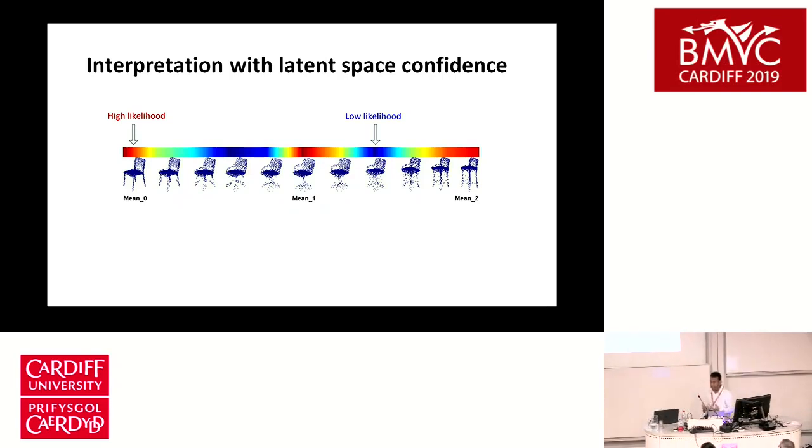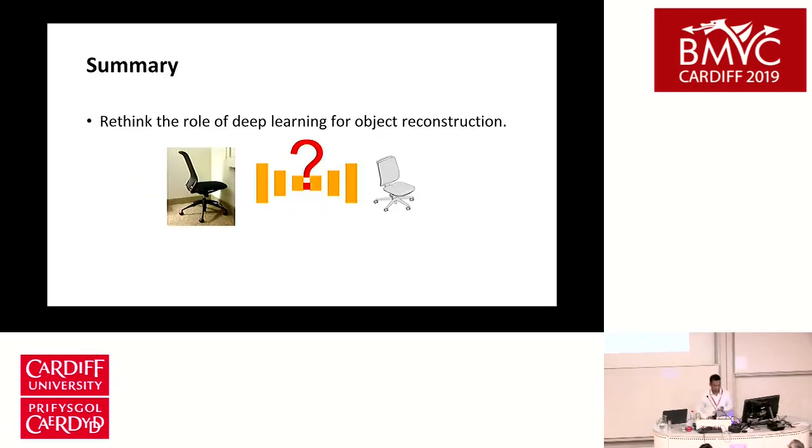These are, however, as we know, very low likelihood locations in the latent space, and you can see on the bar that the likelihood of these points is very low. And this is the key, which helps us not overfit to the silhouette, but be able to do reconstruction properly.